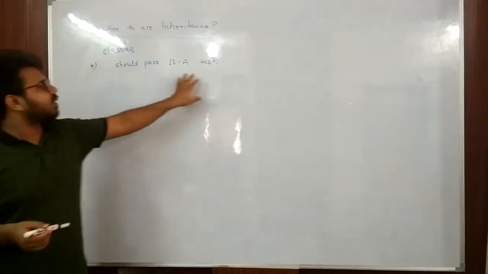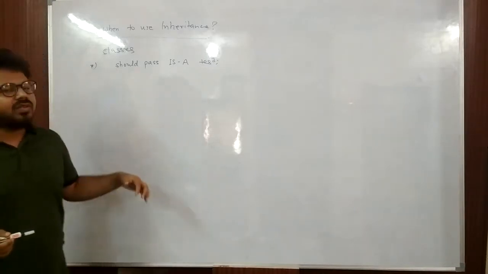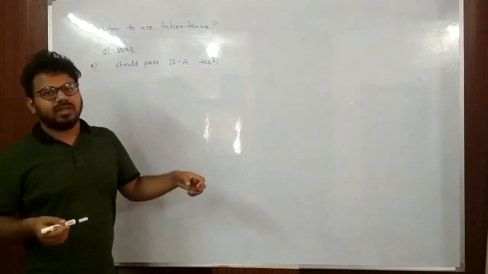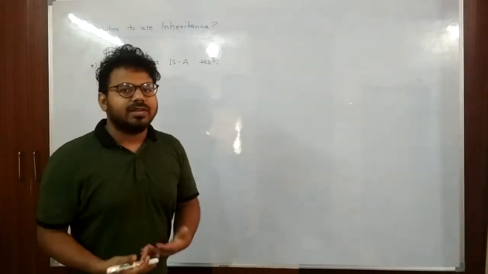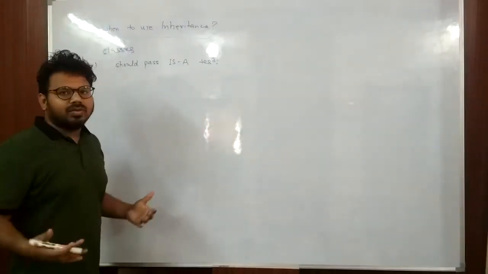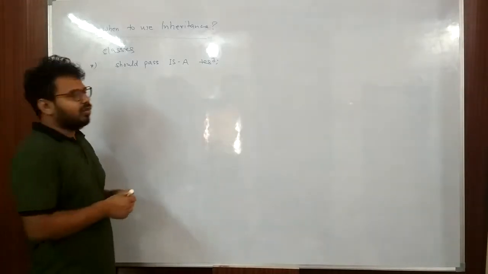These classes should pass the IS-A test, that is, stag is an animal, and the reverse is not true. We cannot say that animal is a stag, because there are many animals: stag, lion, tiger, and so many others. So not all animals are stags. So the reverse is not true.